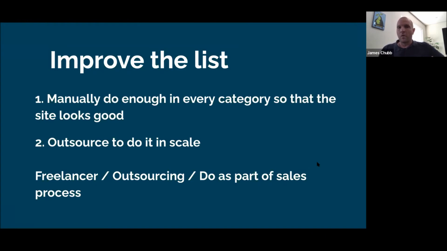Or what also works, and this is more part of the ongoing maintenance that I actually don't talk too much about, is that as part of the sales process, you can have the sales reps call up, and it's a great intro: Hey, we just want to verify some info about your business and give you your listing. And they verify it all, and then they update it and improve it as part of the sales process. That's really the way that you maintain the quality of the data.